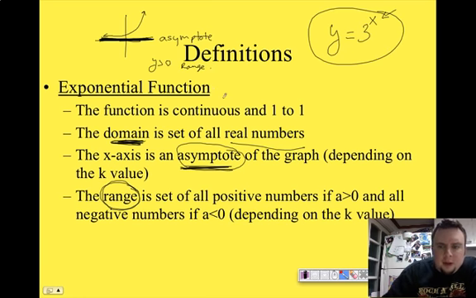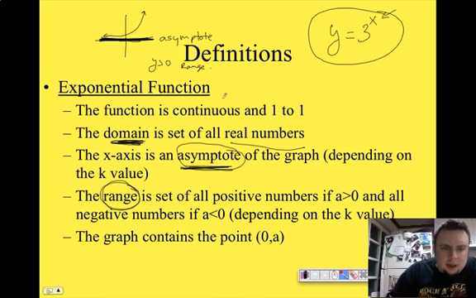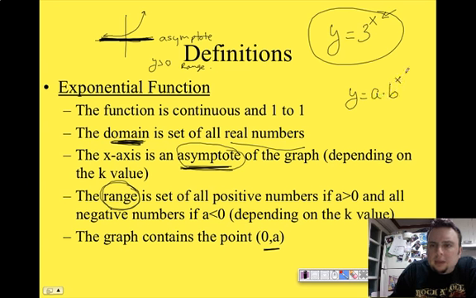Okay? And next point, the graph contains the point (0, a). I'm going to bring you to the equation here in a second, but you can write that down. (0, a). Alright? Because the actual general formula is, you should write this down, y equals a times b to the power of x.